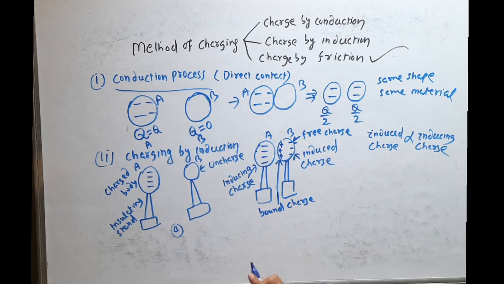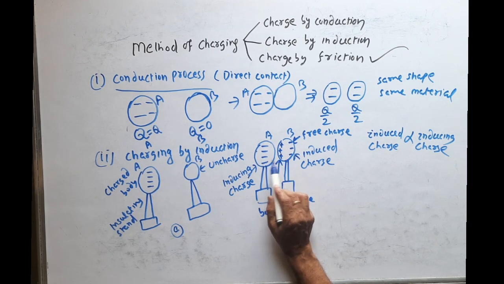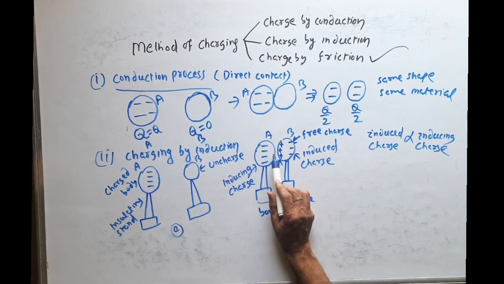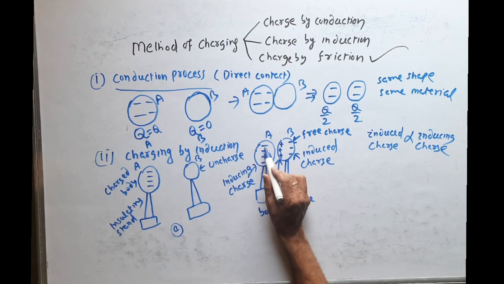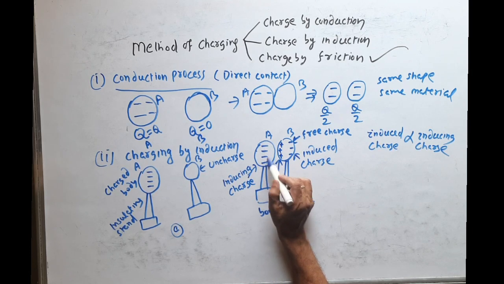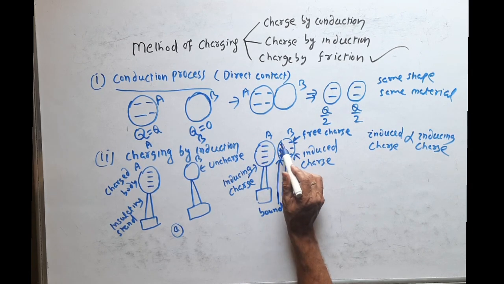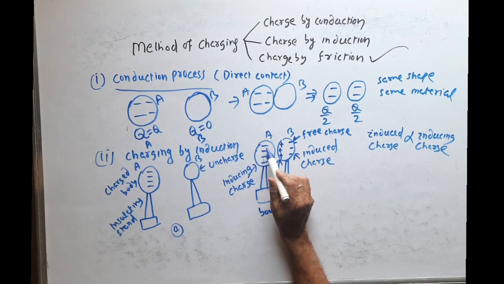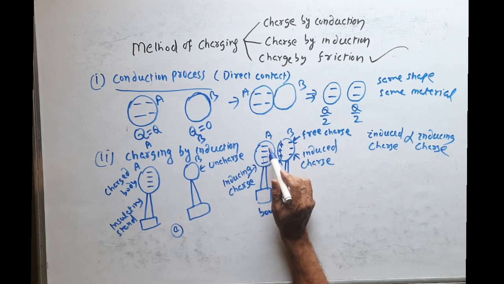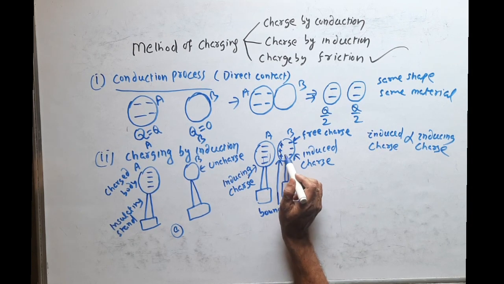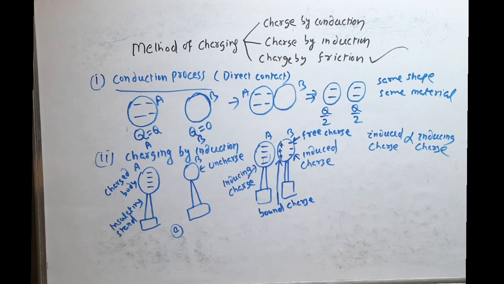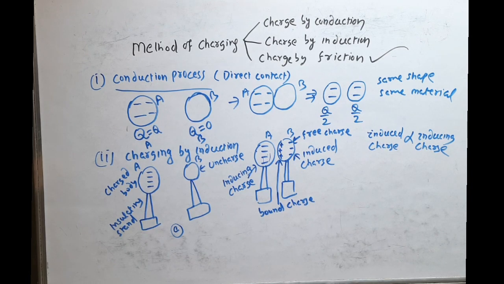Take an example: you are staying in an apartment, and these two are neighbors. If 2 kg of sweets come to this neighbor from a guest, 200 gram will be shared with the other neighbor. If 4 kg come, he will give 400 gram. That means induced charge is directly proportional to the inducing charge.